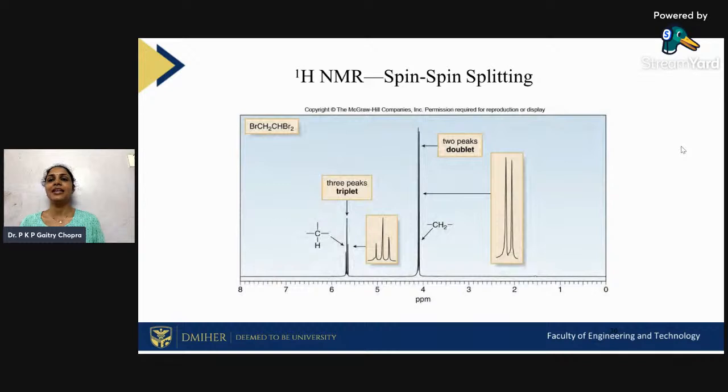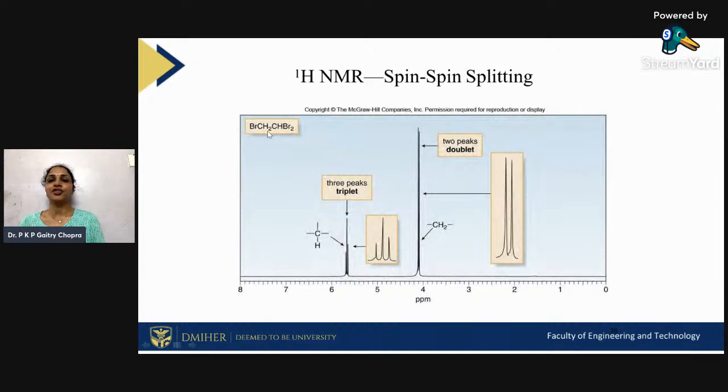Now here we can see the H1 spin-spin splitting. Here we have taken an example, BrCH2CHBr2. So here we have two sets of protons. Both are attached to an electronegative atom. The only difference is the very first one, CHBr2. Here the hydrogen of CH is attached to two electronegative atoms, and CH2 protons are attached to one electronegative atom.